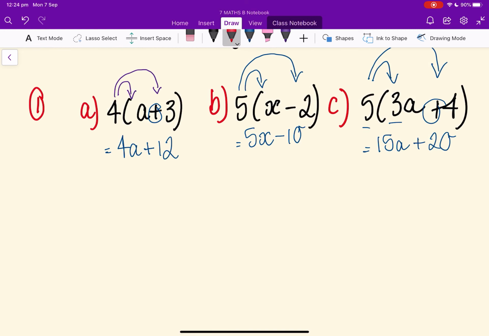So, for instance, what if I said to you, instead of giving you more brackets, let's simplify some expressions.